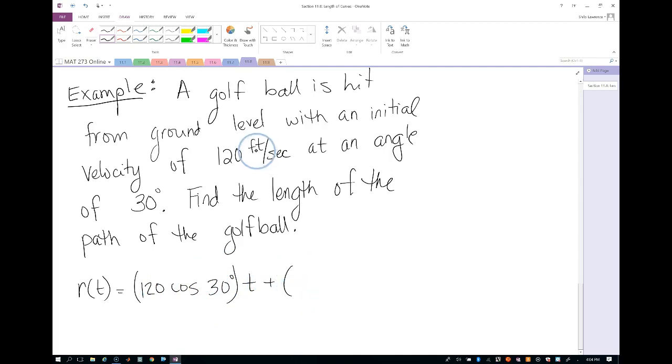And then because we're in feet, g is going to be negative 32. So we get negative 16t squared plus 120 sine of 30 degrees t. And it's hit from ground level, so there's no initial height. So that's our j component.